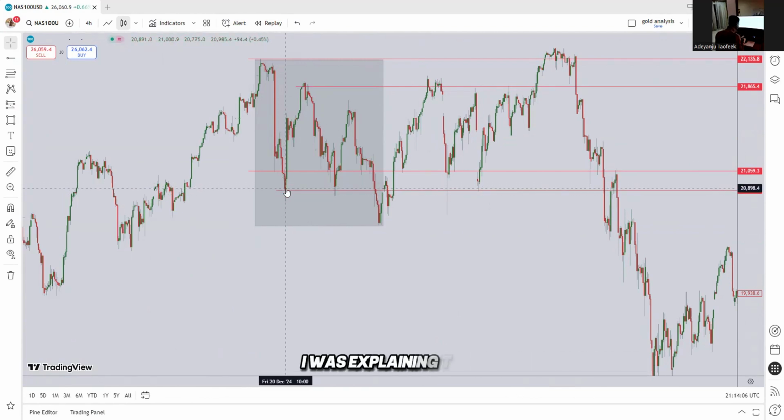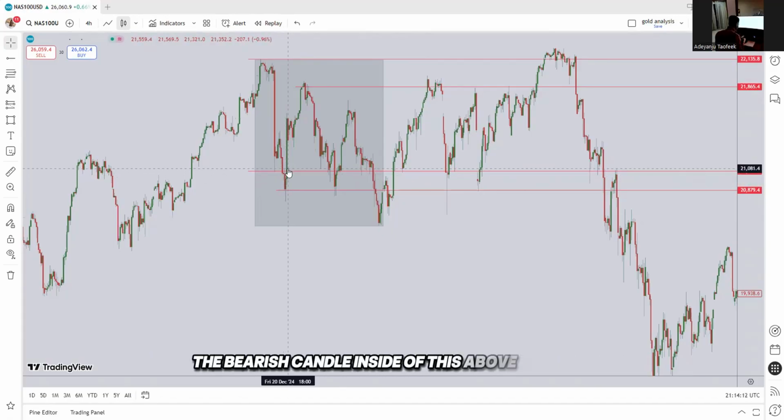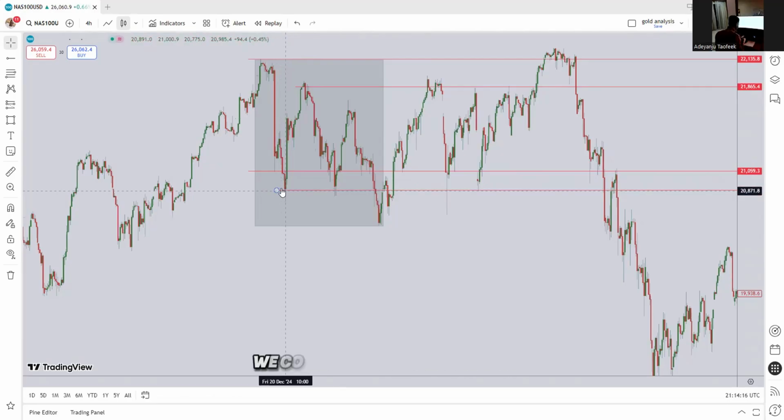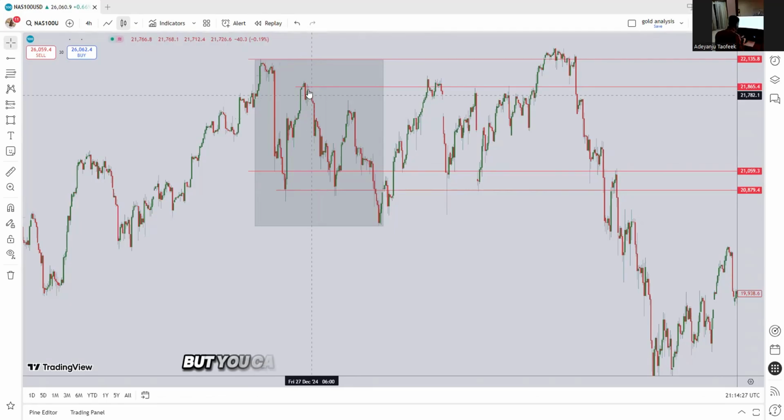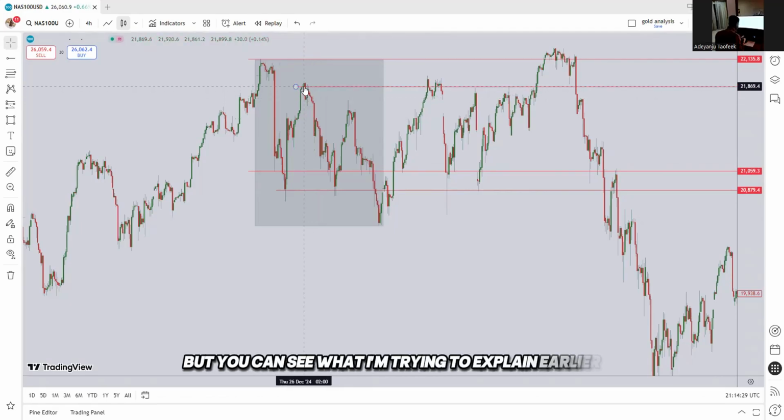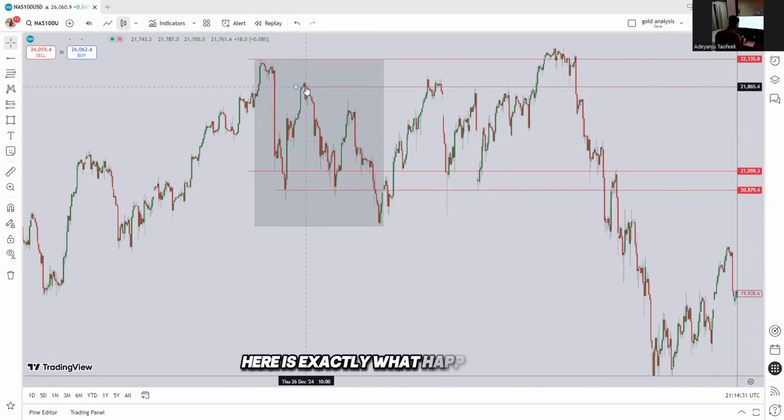I was explaining that I was waiting for this bullish candle to engulf the bearish candle inside of this above line, but it didn't happen. So we could actually use this one. It works because it's just as though you're taking your trade from the 4 hours. You can see that what I was trying to explain earlier is exactly what happened here.